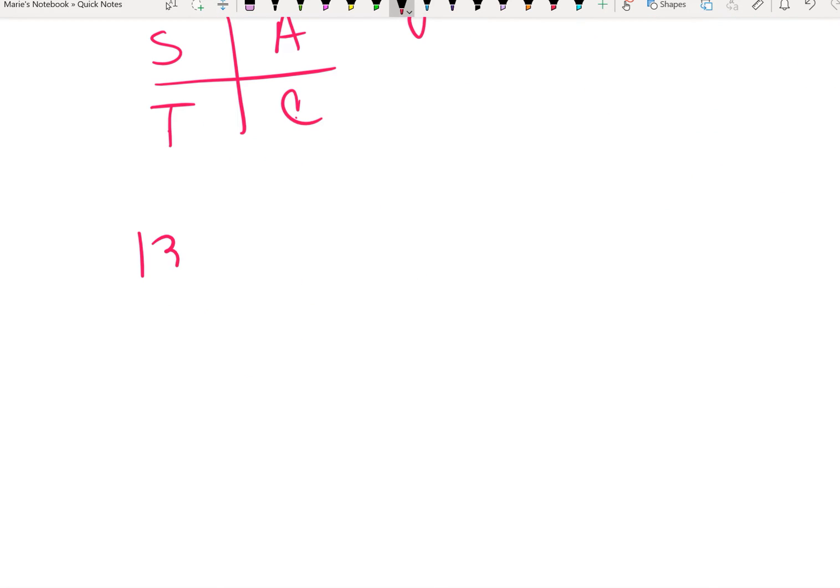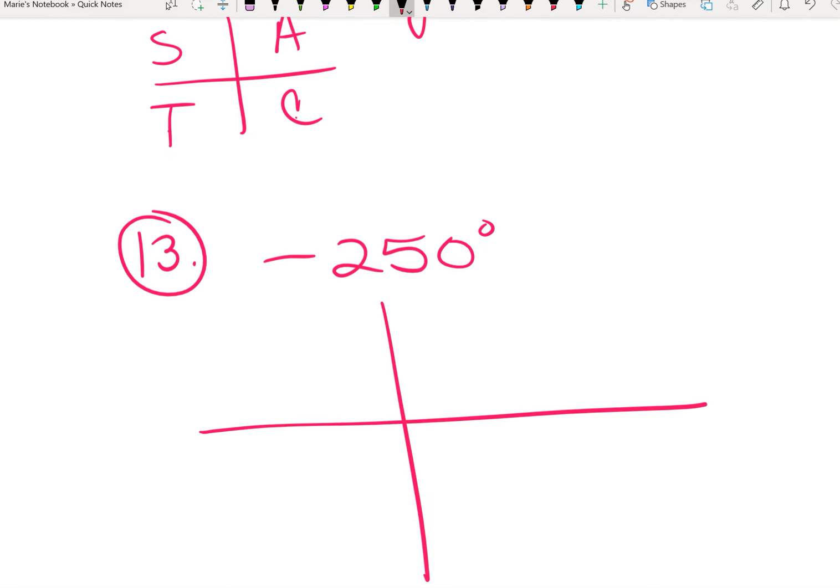Alright, number 13. Okay, so number 13 is reference angles. We have negative 250 degrees. And if you remember the reference angle, you start from here, going clockwise. 90, 180. 180 plus 70, which means that this is 20 degrees here.